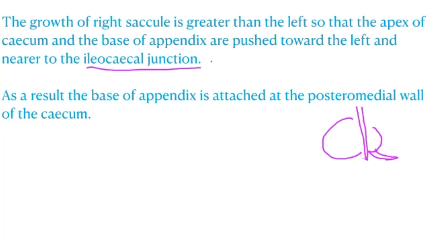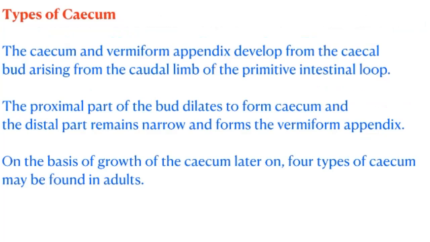Coming to the types, the variations: the cecum and vermiform appendix develop from the cecal bud arising from the caudal limb of the primitive intestinal loop. The proximal part of the bud dilates to form the cecum, and the distal part remains narrower and forms the vermiform appendix. We have seen this in our developmental class.